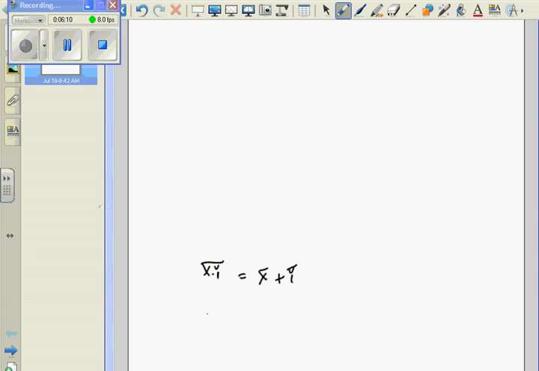The other way to write this is xy negated is equal to x naught or y naught. So sometimes you see the negation or the inversion shown as a bar, other times it's shown as a tick mark. Okay, so what this law is doing is you're changing the ANDs to an OR. So the ANDs here are becoming an OR.